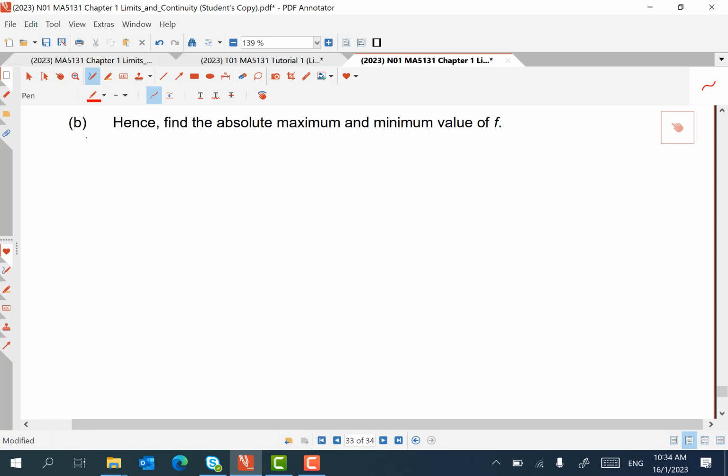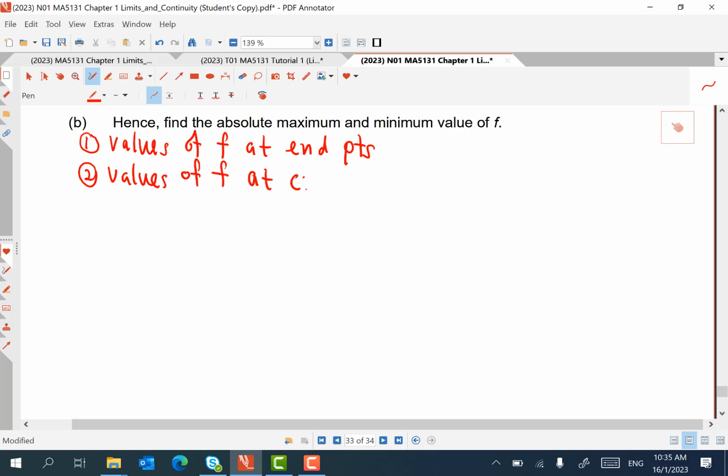In the case of the AP exam, for such a question, the AP exam actually requires you to find the values of f at endpoints, and the values of f at critical points.